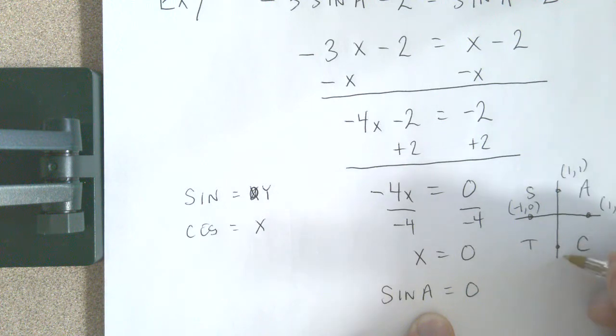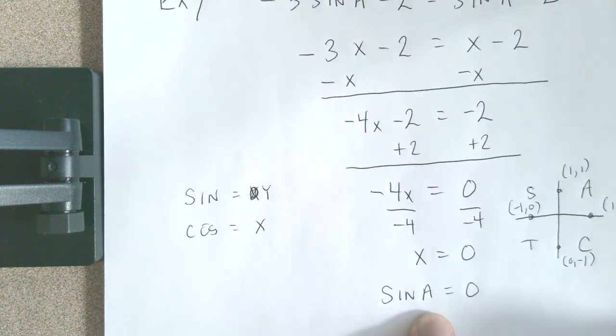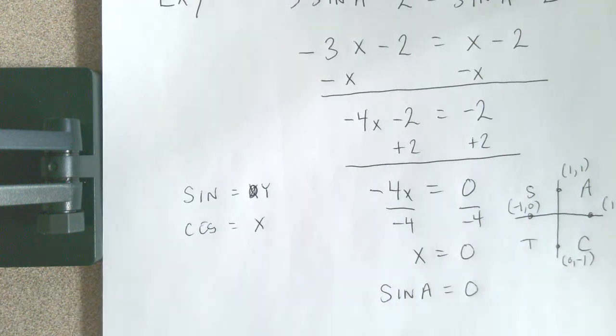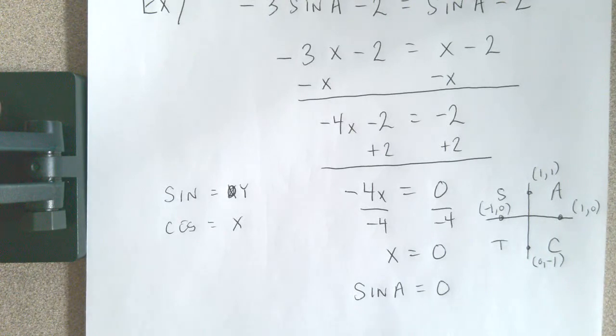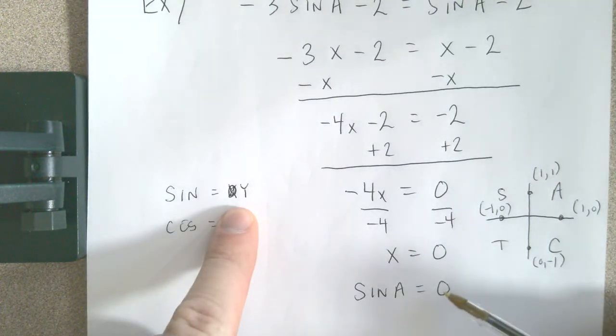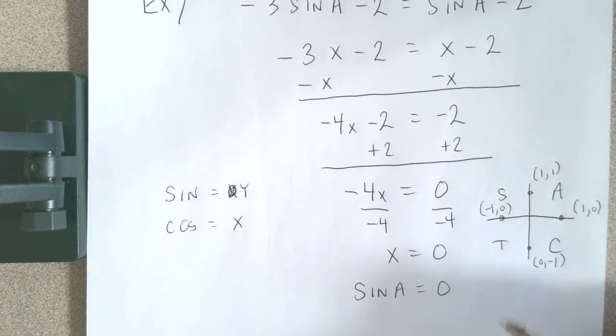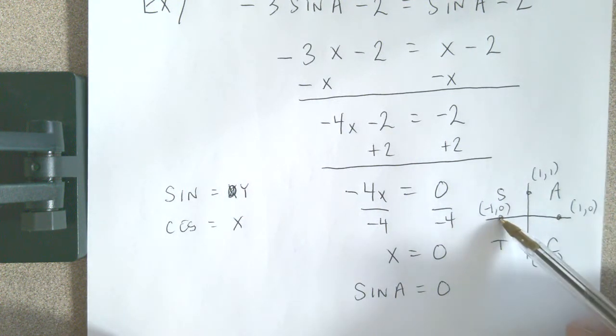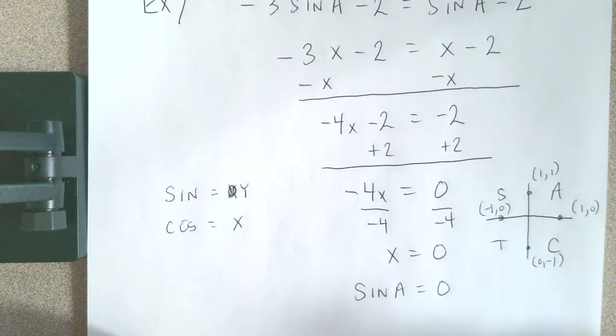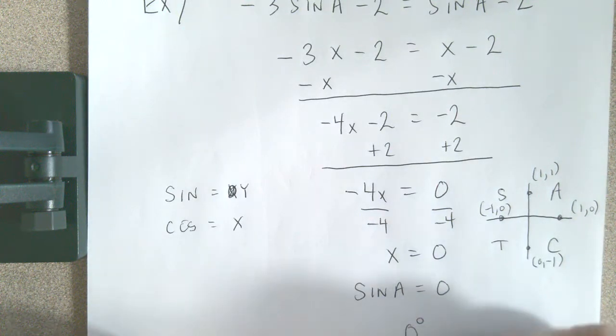We know this point here would be 0, negative 1. So when you're thinking about where the sine, or the y value, is going to be 0, we see it's going to be 0 here, and we see it's going to be 0 here. So that would be 0 degrees and 180 degrees.